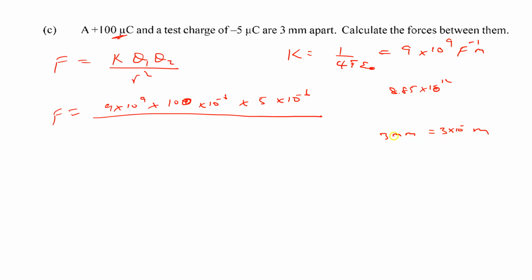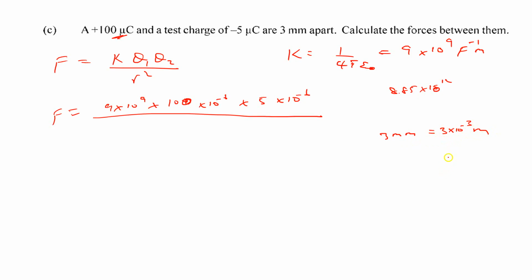I should correct myself, I said 10 to the 3, but it's 10 to the minus 3. Because I have 3 millimeters, and milli is just a prefix in front of meters, I can write it in exponent form and get the answer correct. 3 times 10 to the minus 3 meters is the same thing as 3 millimeters.